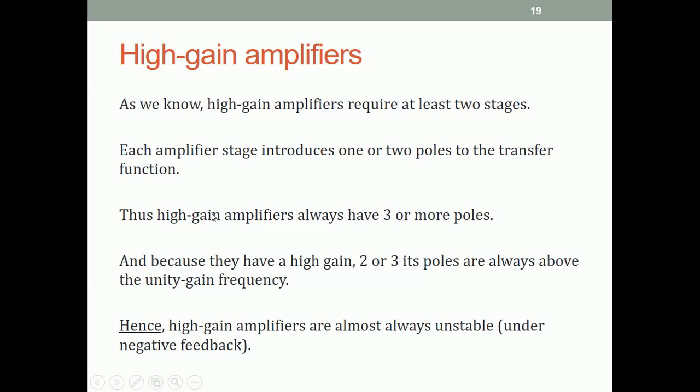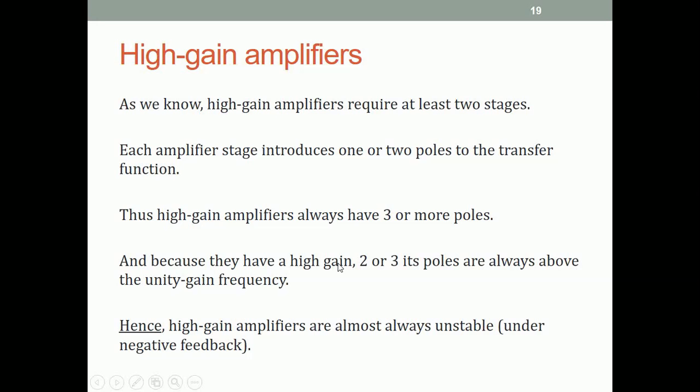Now because high gain amplifiers have a high gain, it will turn out that 2 or 3 of its poles will be above the unity gain frequency. It starts out high, and then by the time it reaches unity gain, it would have encountered 2 or 3 poles.